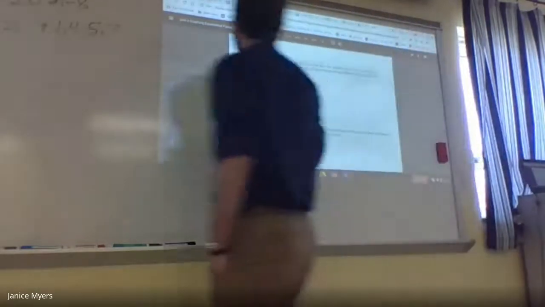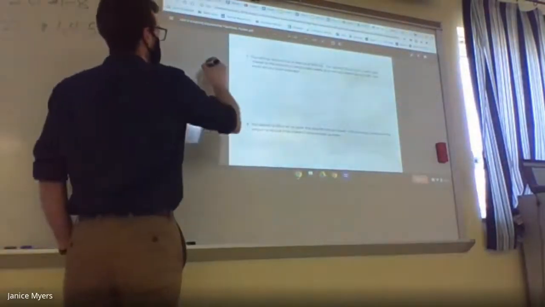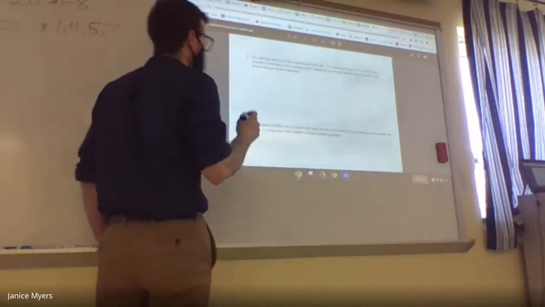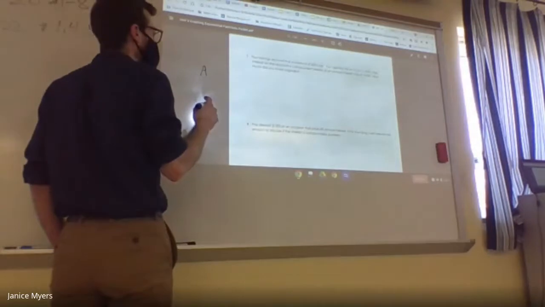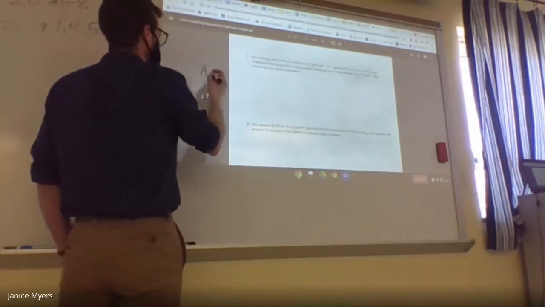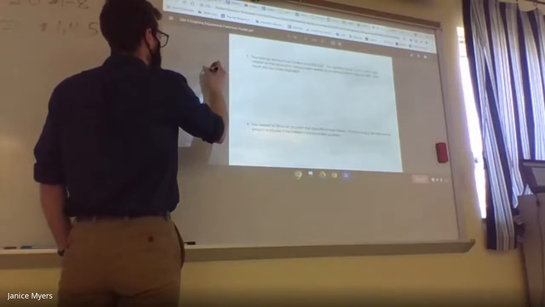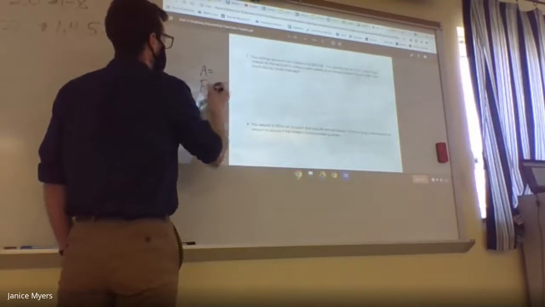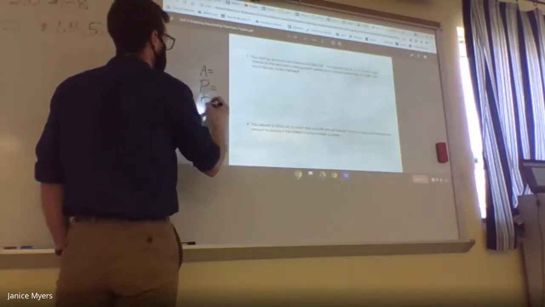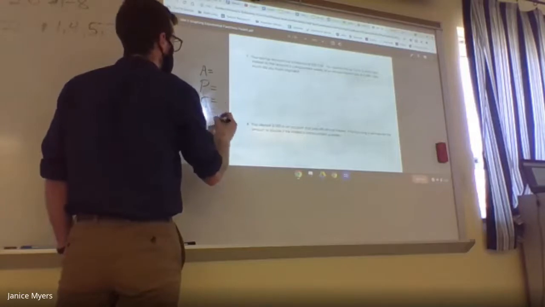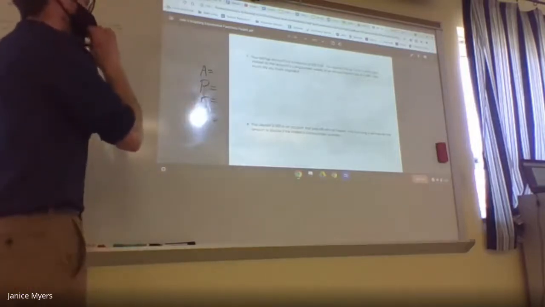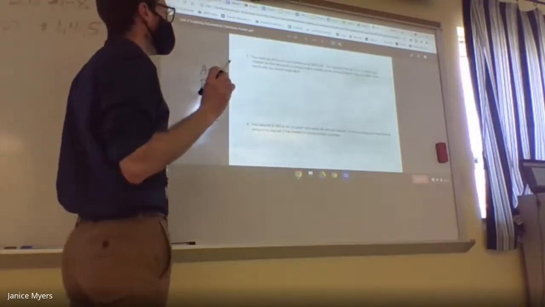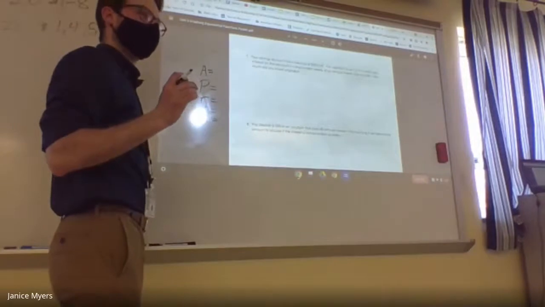So let's write out all of the variables we have for this formula. Which formula are we using? We're using the compound interest formula. So our variables include capital A, P, R, T, and N. Do we have a specified time? 3 years ago.